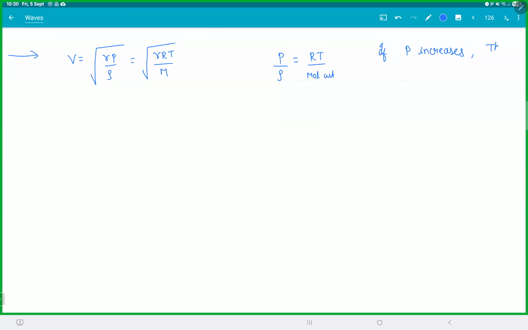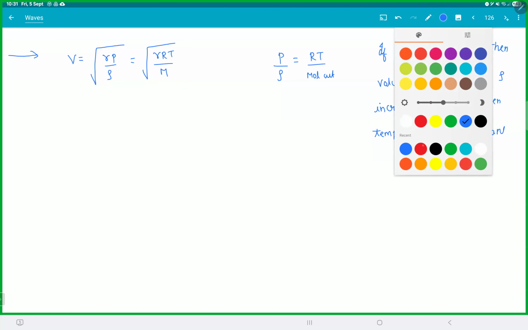If P increases, then volume decreases and rho increases at a given temperature. So the ratio P by rho remains constant. So be careful with that. Don't say it will double.